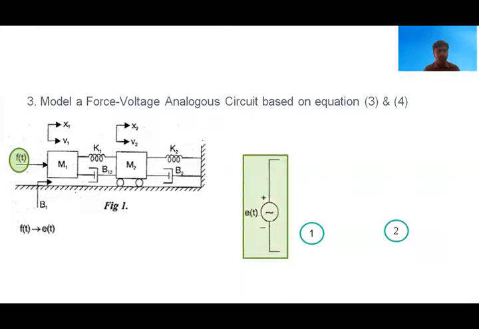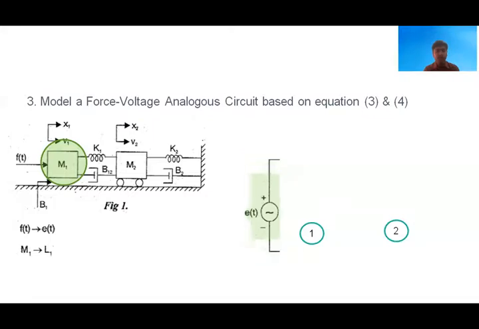And the next component at the first node is M1, and the M1 analogous parameter in electrical is L1, inductance. And this M1 is not touching node 2, it is touching loop 1 only, node 1 only. Therefore, in electrical systems, we have an inductor in loop 1, which belongs to only loop 1.